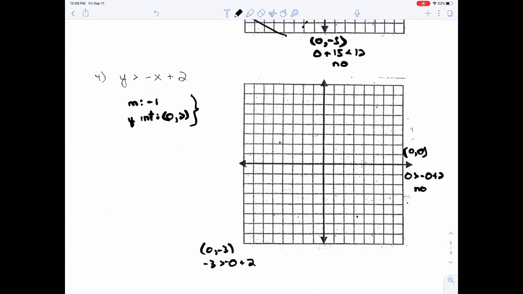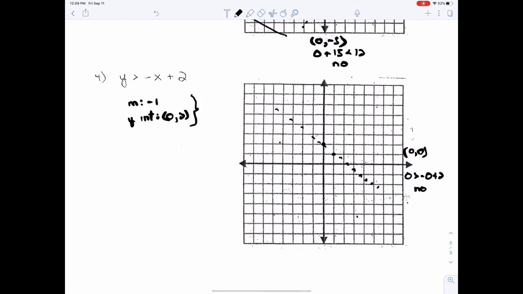Okay, so let's go for 0, 2. Now I see what I did wrong. Then I'll go down 1 and over 1. Again, I'll dash the graph. Okay, so notice 0, 0 is actually on the bottom of the graph. All right, that's a point on the bottom. So the bottom doesn't work, so I'm going to get rid of this. And let's pick a point on the top.